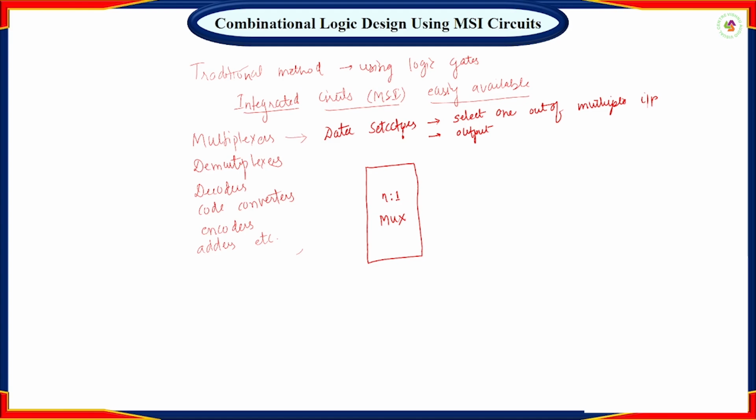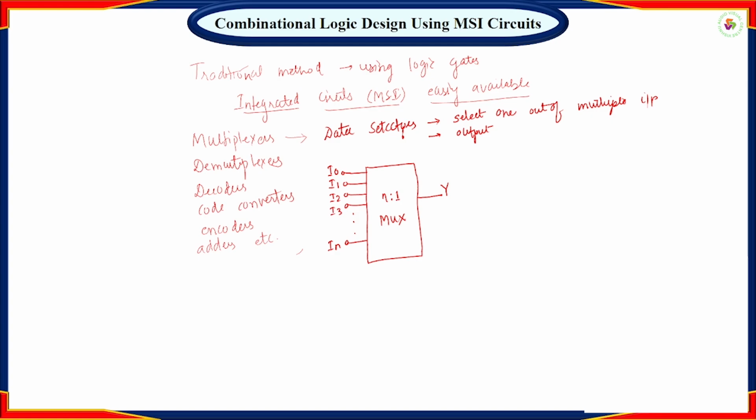There are multiple input data, named I1, I2, I3 and so on up to IN, and it transfers the output to a single line.